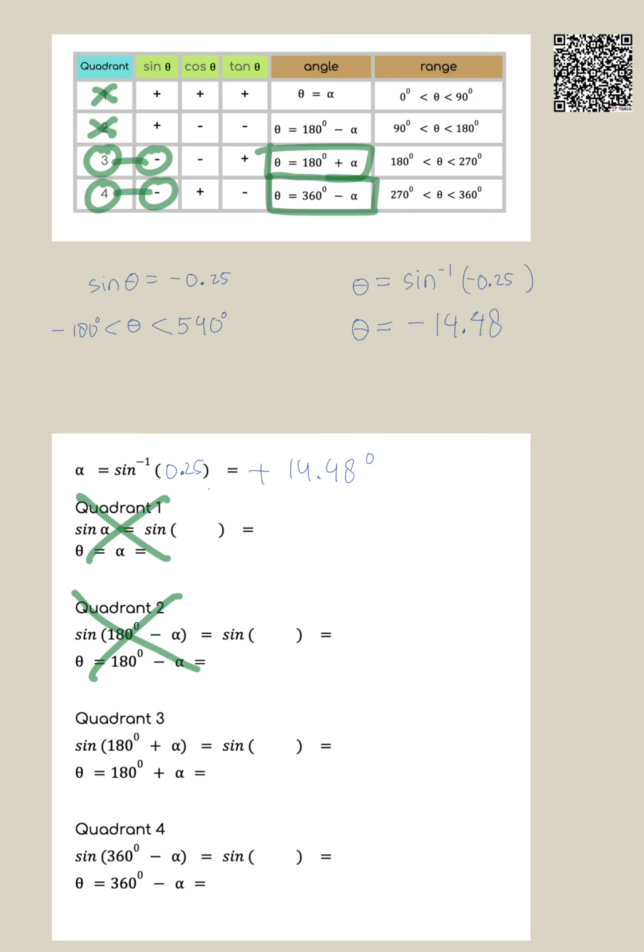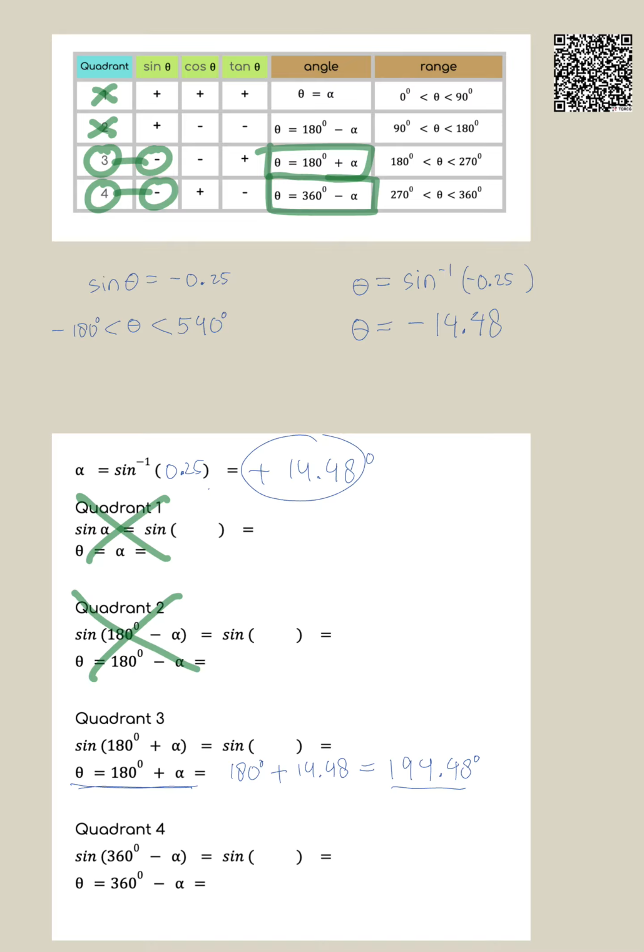Using this value of alpha, we can find the value of angle in quadrant 3. In quadrant 3, the angle is 180 plus alpha. So 180 degrees plus 14.48. How much do you get? You don't even need a calculator for this. You get 194.48 degrees.